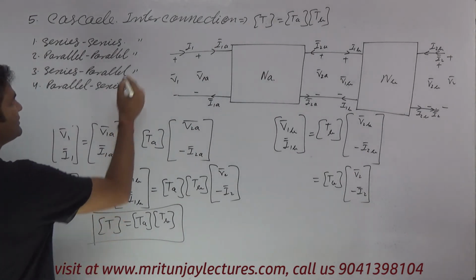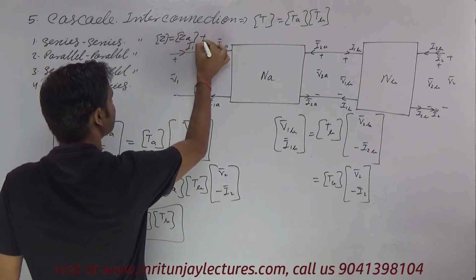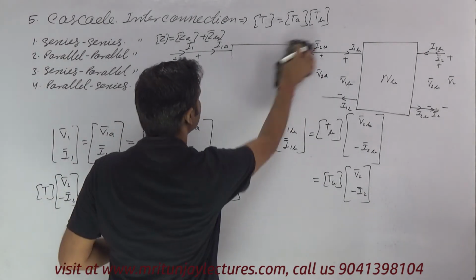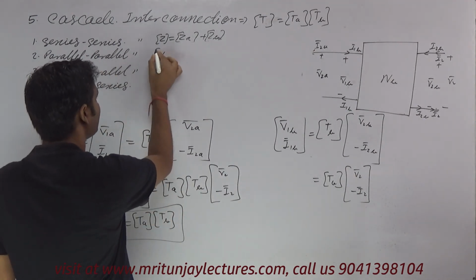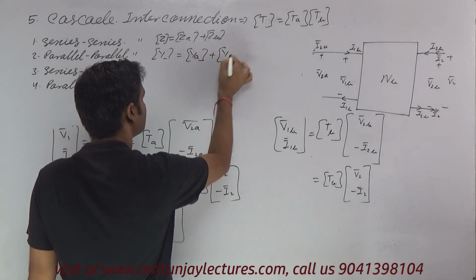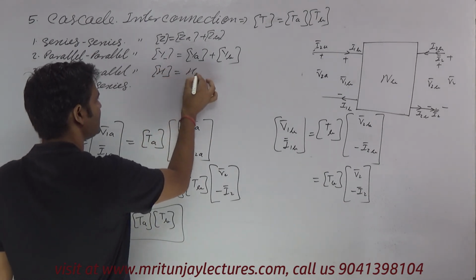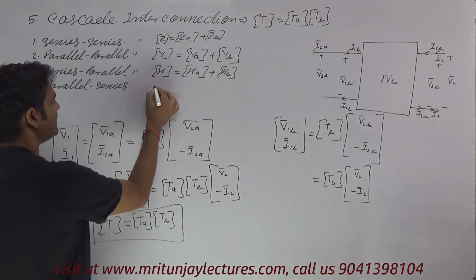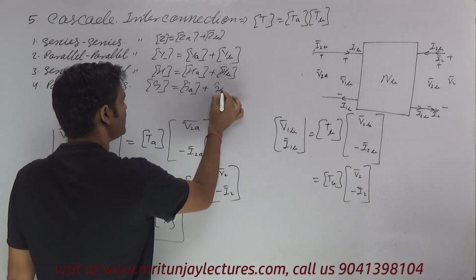In series interconnection, Z is ZA plus ZB. Okay. And if parallel interconnection, that is Y parameter, YA plus YB, and series-parallel, that is H parameter, HA plus HB, and last one, that is G parameter, written as GA plus GB.